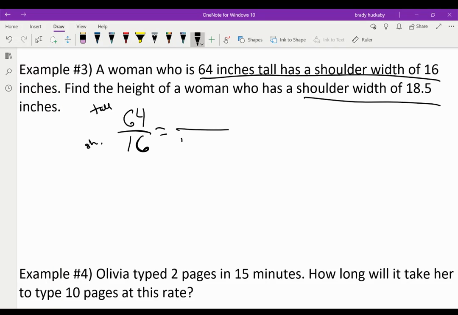That's going to go down here on the bottom with the other shoulder width. Then I'm going to cross multiply and then divide by 16. That means this woman is 74 inches tall.